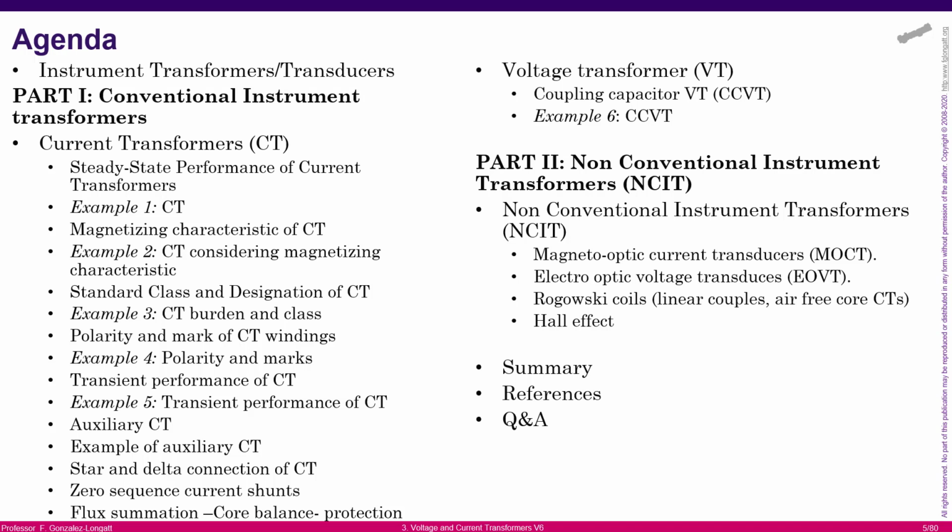I will start with a short introduction about instrument transformers, and from there I will go to the first part, that is the conventional instrument transformer, talking about current transformer and then voltage transformer. At the very end of this session, I have a few slides about non-conventional instrument transformers. Finally, there is a closing up, a summary, some references, and Q&A.